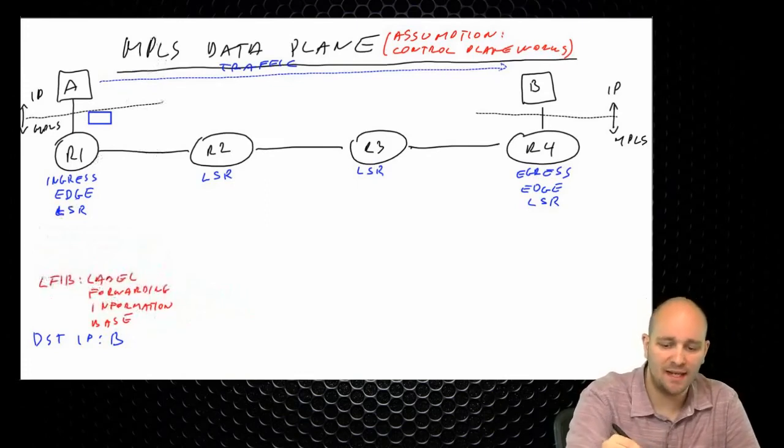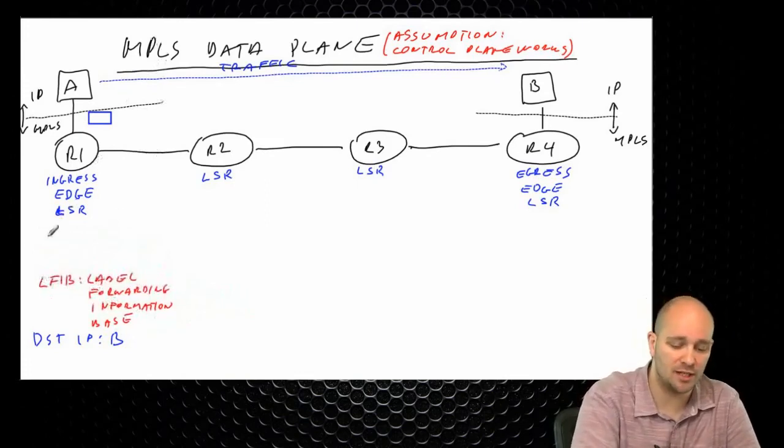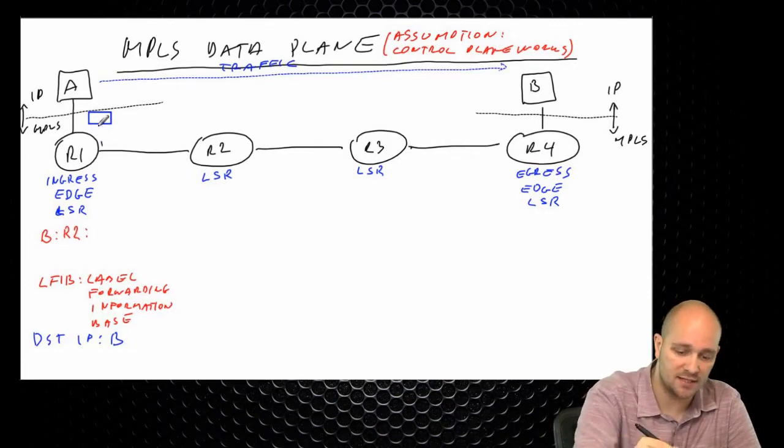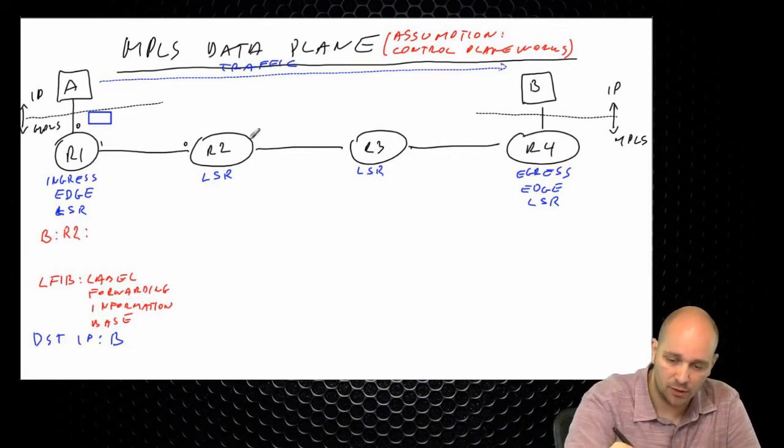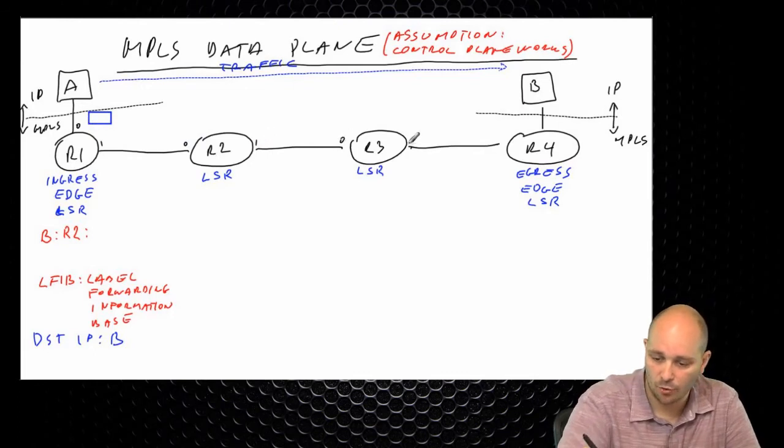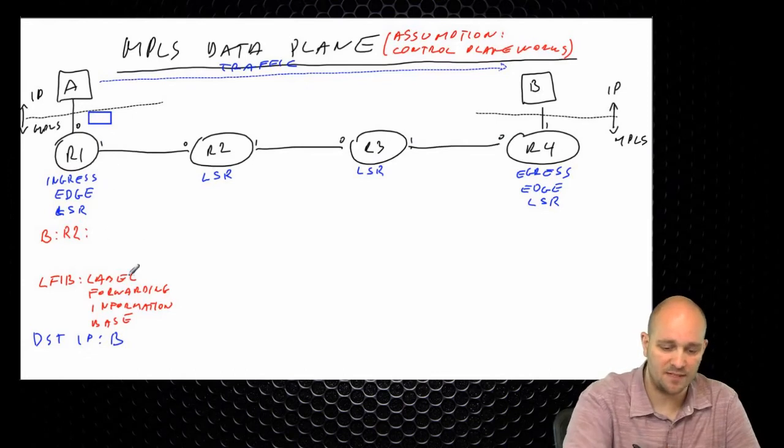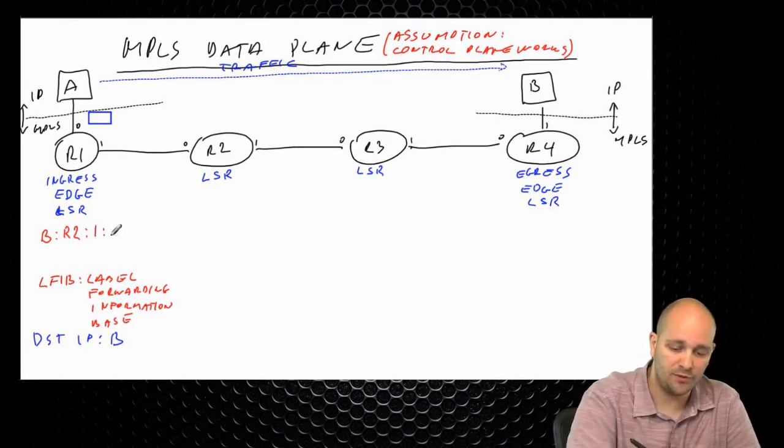So what we might have in this LFIB is information that incoming packet with the destination of B needs to be sent to R2 out of interface 1. Let's say that this is interface 1, that this is interface 0. Let's have that on all the routers. That this traffic must be sent out of interface 1 with the label, let's say 53.